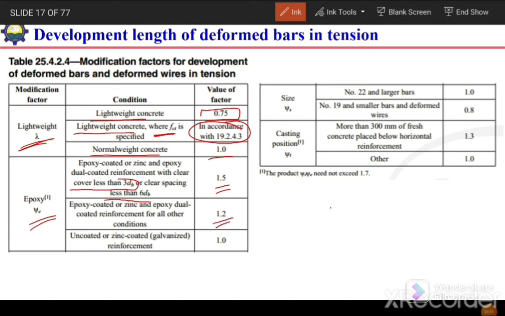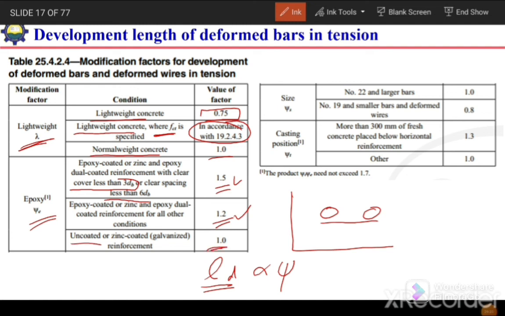So as the spacing between the bars and the clear cover increases, this factor is reduced, and we have seen that this factor is directly proportional to LD. So when this factor decreases, the required development length is reduced. When we increase the spacing between the bars, the required development length will reduce. Similarly, for uncoated bars its value is 1.